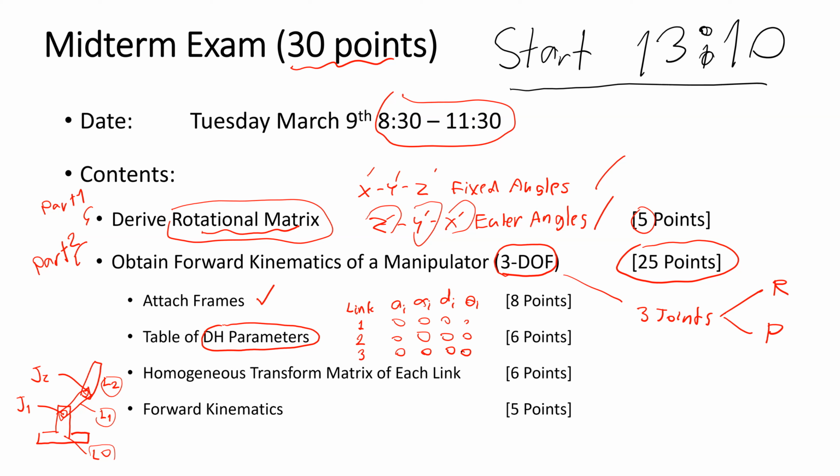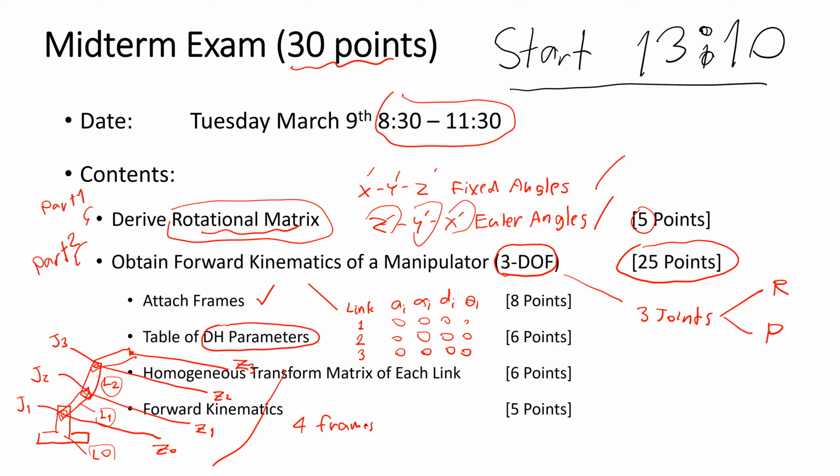For the robot with 3 links, you need to attach frames: frame 0, frame 1, frame 2, and the end effector frame. It means that you need to attach 4 frames on the links of the robot.